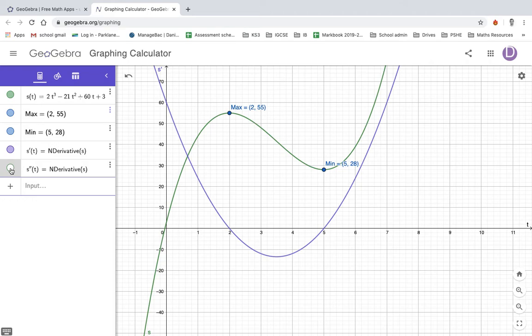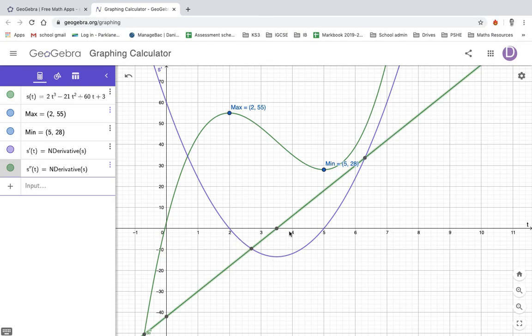Now, if I plot the acceleration function, the key thing is if the acceleration is negative, in other words, here the acceleration is below the x-axis, so its value is negative, and it's negative until here. So that means that the velocity is decreasing, and you can see that the velocity here is decreasing.